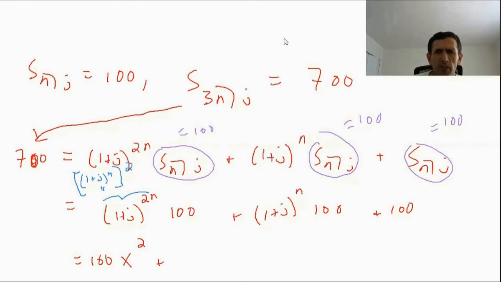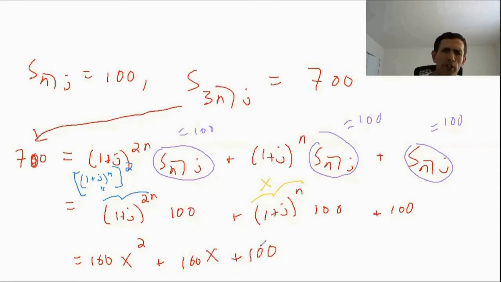This whole thing here is going to be X. So it's 100 X squared plus 100 X plus 100.